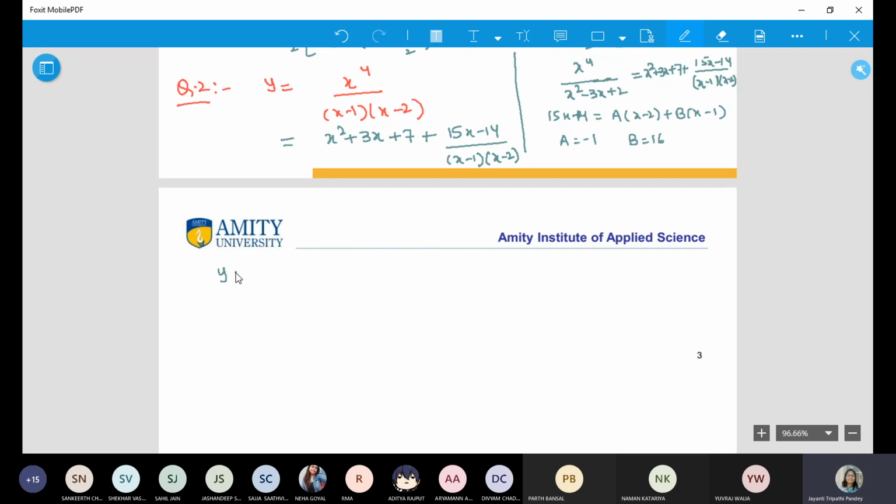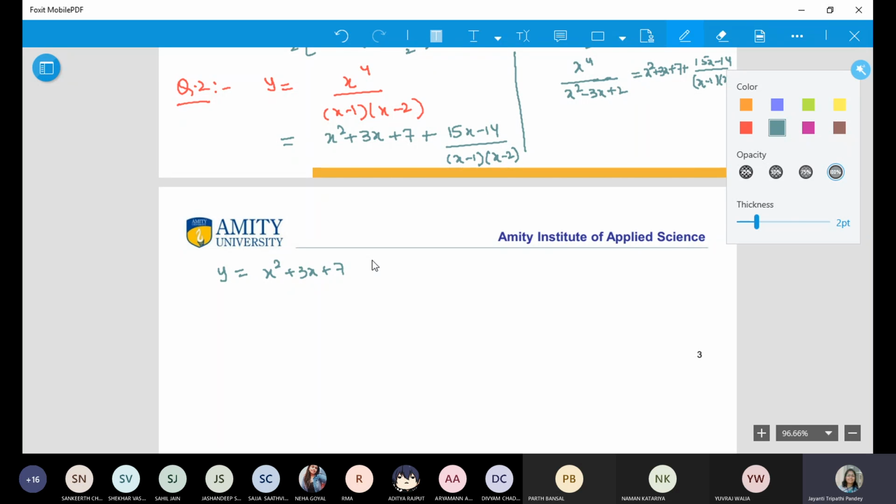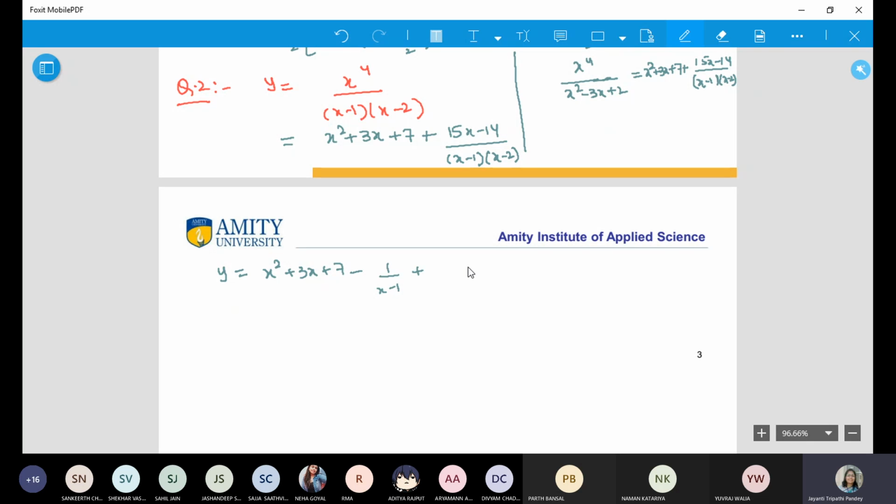So now I can write y is equal to x square plus 3x plus 7 minus 1 upon x minus 1 plus 16 upon x minus 2.